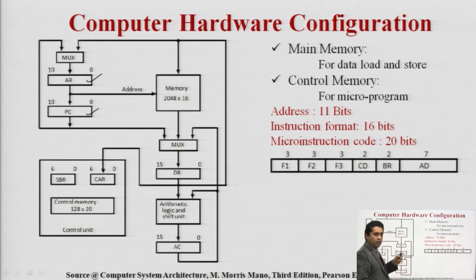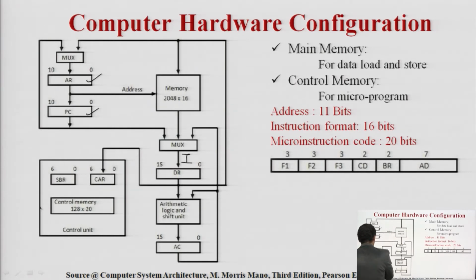This is the recap of everything you have studied in the second unit, and now you will see how we use it in microprogram sequencing. So AR is carrying the address of your instruction, it is going to the memory, and the data is coming here in the data register. This is your instruction. When the instruction comes here, based on the operations to be performed, it goes to the control memory.